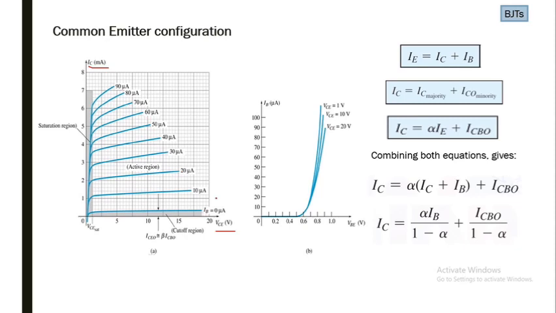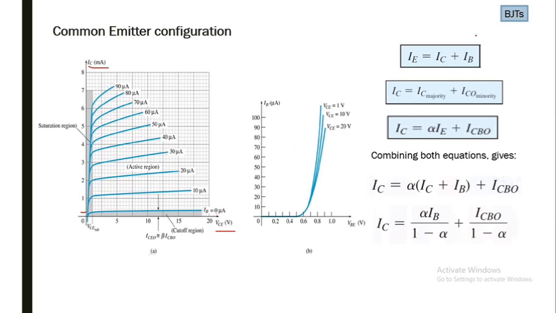One thing you must notice, that when IB or the input current is 0, in this case IC is not equal to 0. We will explain this in greater detail, why IC is not equal to 0 when the input current IB is equal to 0.